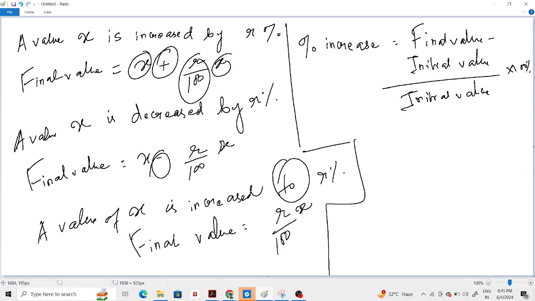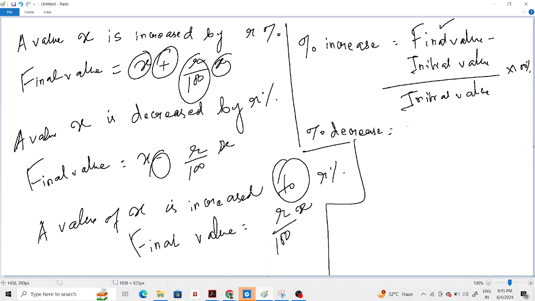Okay, final value minus initial value by initial value into 100%. That is called percentage increase. So we are taking the final value minus the original value divided by the initial value into 100%.